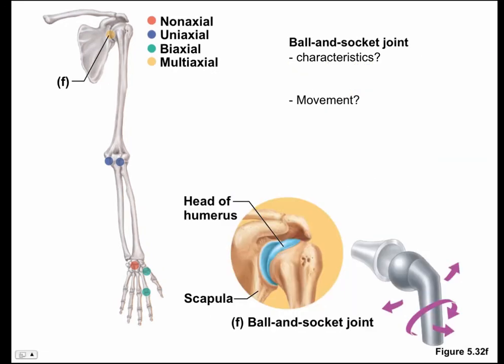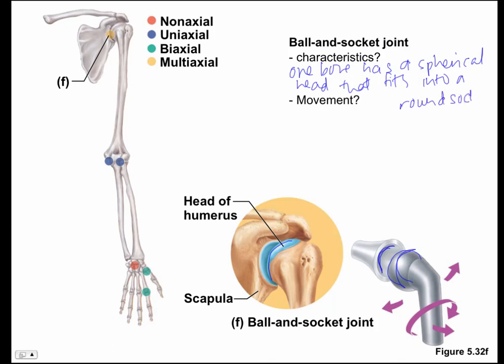The last joint that we have is the ball and socket joint, and this is characteristic of one bone having a spherical head, and the other one that has a region for the spherical head to fit into. And this really allows for free open movement in all axes, including free rotation. Okay, so characteristics: one bone has a spherical head that fits into a round socket of another.